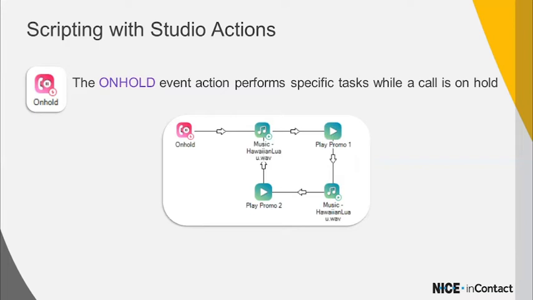In that case, he can put that call on hold and play some message to the caller, like thank you for calling our bank, and right now this promotion is going on. If you stay on the line, we can give you a free credit card, or we can give you a 200 rupees voucher.